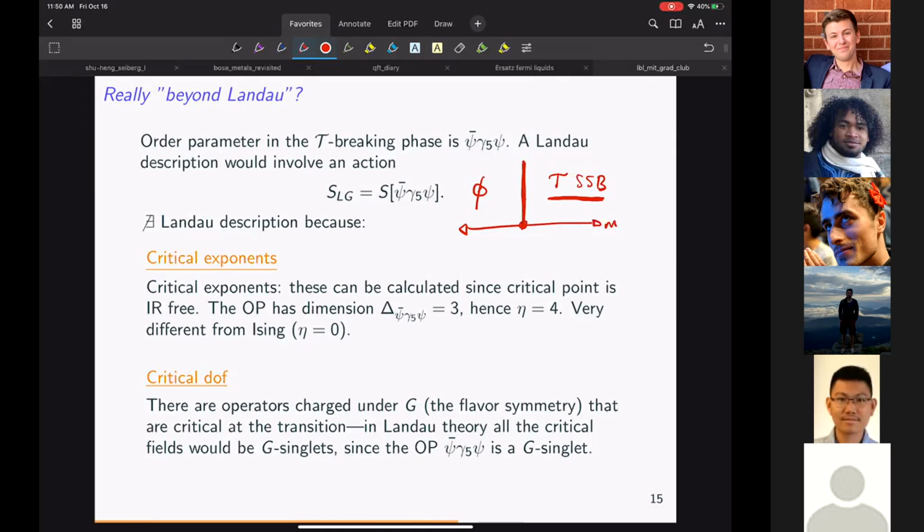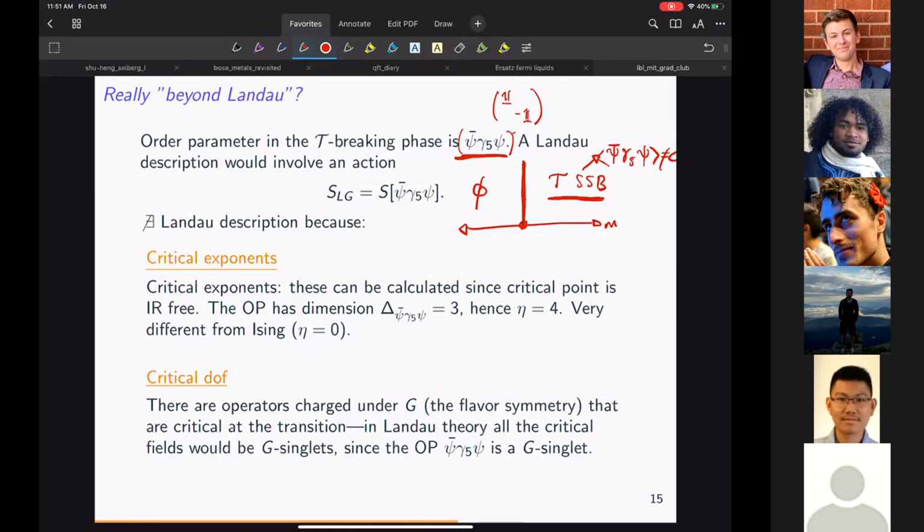The one that you find is this here. Gamma 5, in the Weyl basis, is this matrix. This is the chiral mass for the fermions, and it's odd under T. So this phase is identified, in this fermion gauge field description, as this operator getting some non-zero expectation value.